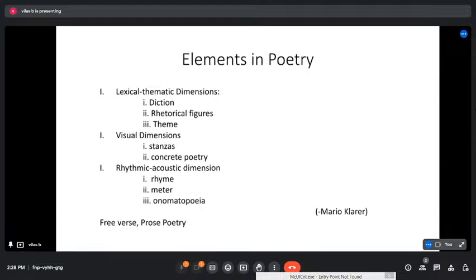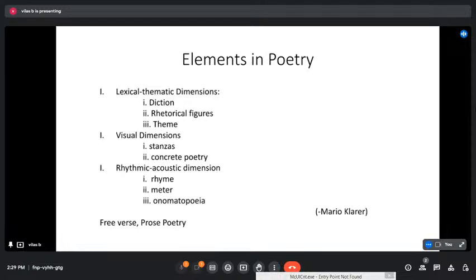So the diction, the word which is used as diction in a rhetorical perspective. What is diction?